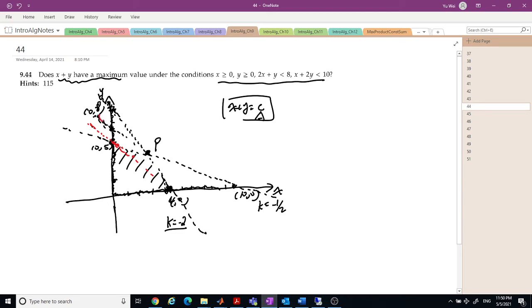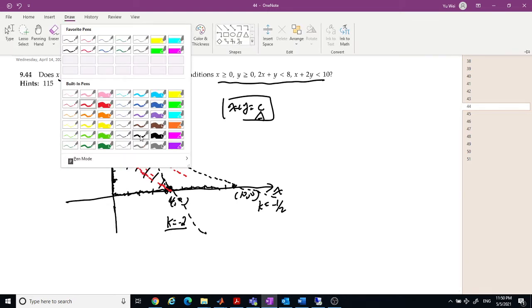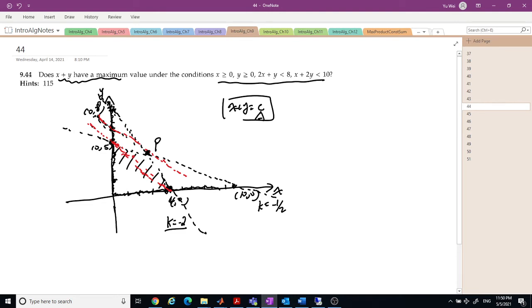Can be like this, passing this point. Our line can be somewhere like this. Okay, so let's see which one can give us the biggest intercept c, right?